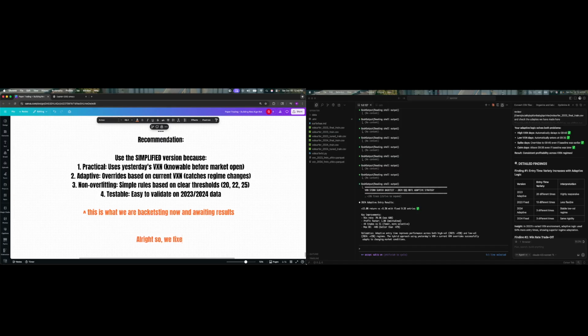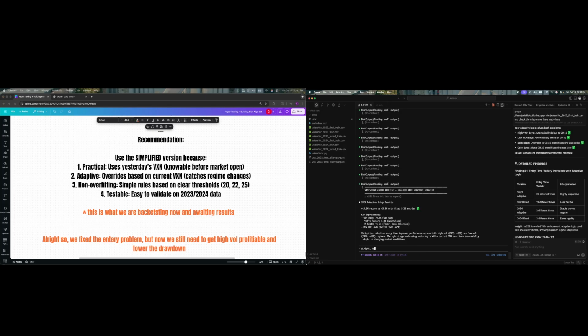So we fixed the entry problem, but now we still need to get high vol profitable and lower the max drawdown.